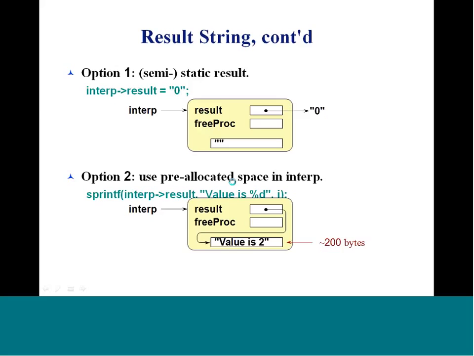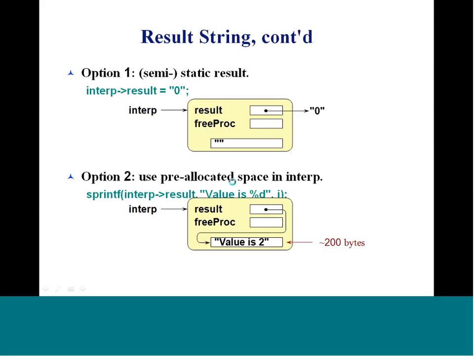A static or semi-static result is option 1, where we can write out saying that the result is 0, and that's about it. Option 2 is the pre-allocated space in the interpreter, and then we can write into that.